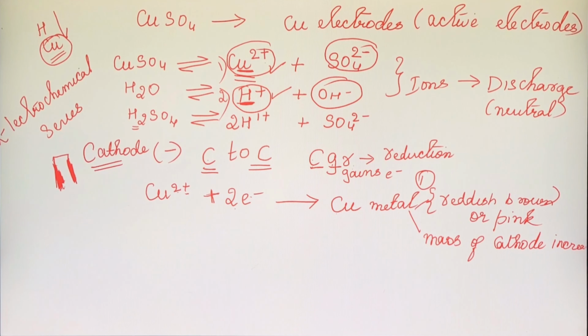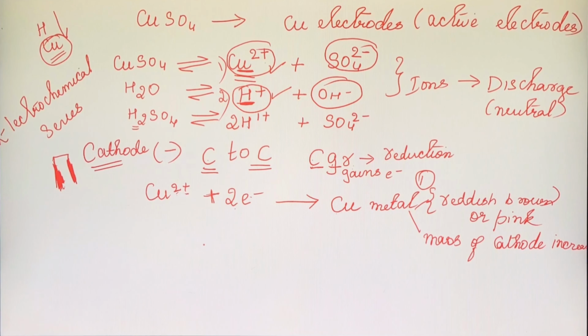Clear? So what are the two important observations that you have to remember, children? Please remember, at the cathode, cations will come. Cations will gain electrons. Gain means plus. Whatever number is here, you blindly copy it here. So 2+, I will write plus 2 electrons. It will become neutral copper metal. Clear?